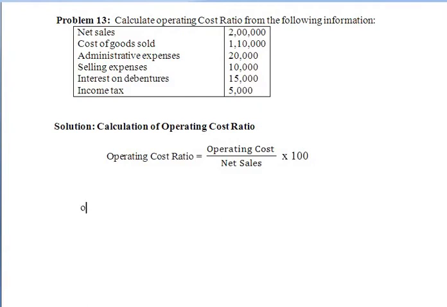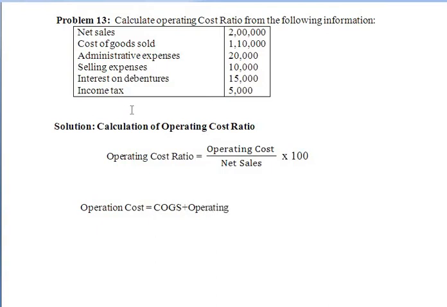Okay, and how do we calculate operating cost? Next line, write: operating cost is equal to, now you cannot find the exact amount of operating cost, we need to calculate it. So write, operating cost is equal to COGS, cost of goods sold, plus operating expenses.